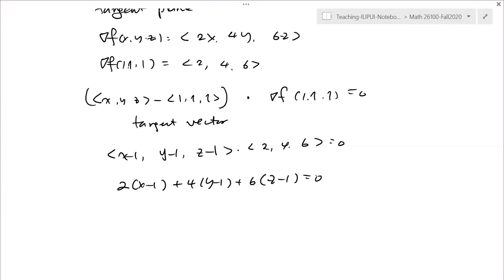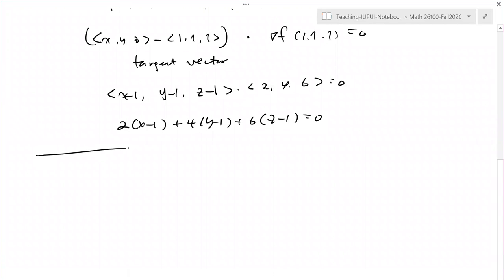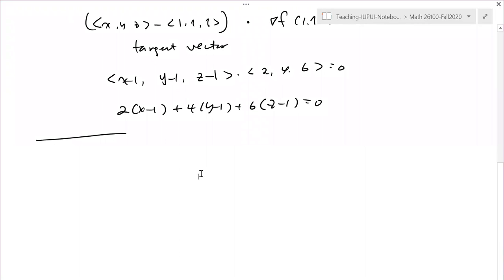So remember, the gradient of a function is going to be the vector perpendicular to the surface. Okay, so here's a related topic.